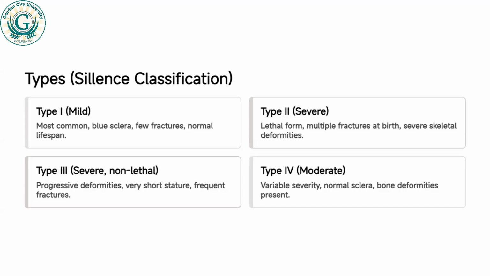Type 3 is severe: progressive deformity, very short stature and frequent fractures. So here it's progressive, from one deformity to another, and it's very severe. And then type 4, that is moderate. Variable severity, normal sclera, bone deformity, they are all what? Present. So that is the moderate one.